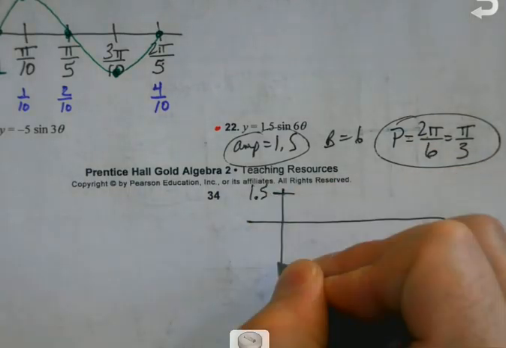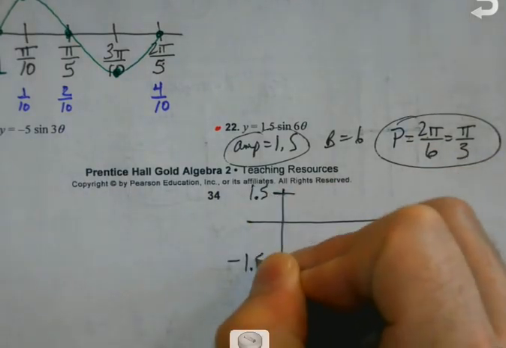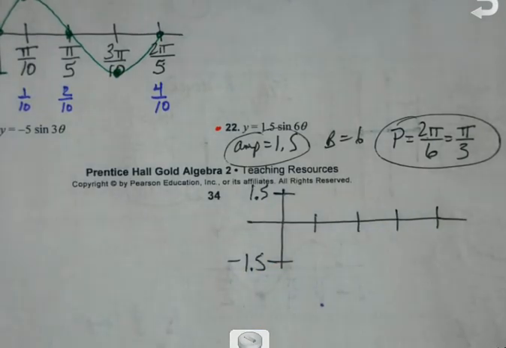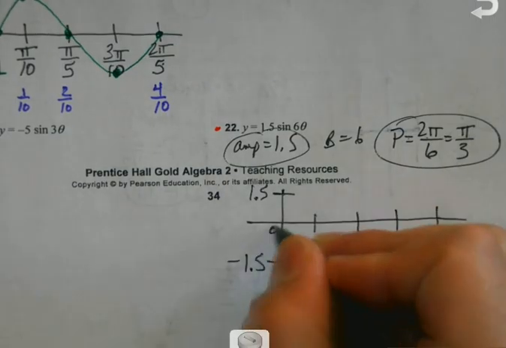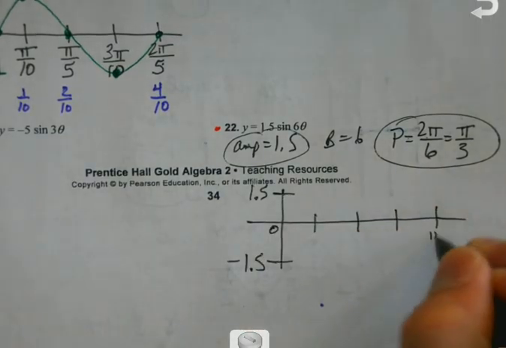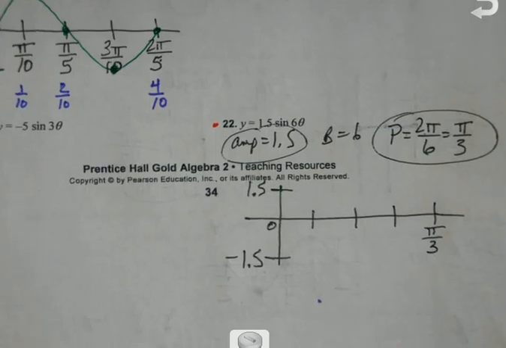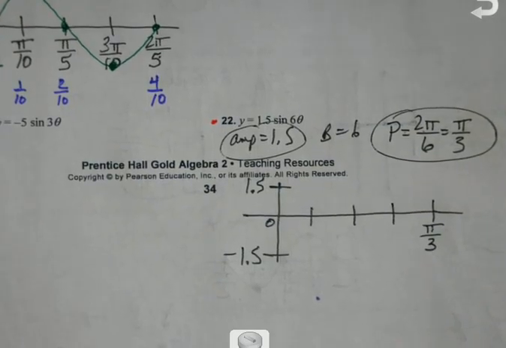So I got my amplitude. Got my 4 points. Know I'm starting at 0. Know I'm ending at pi over 3. And now again, it becomes just understanding how this breaks down.